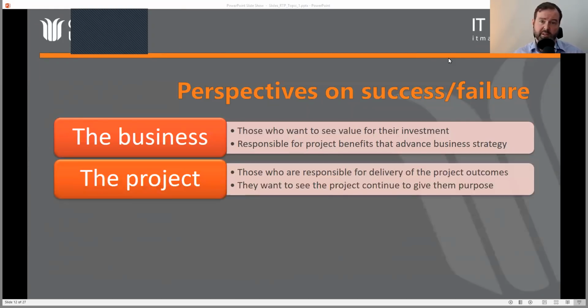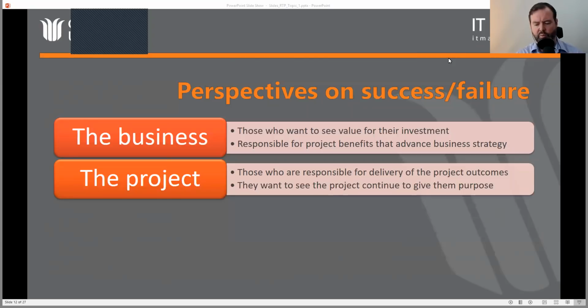The project team, the project people, are those who are directly or indirectly involved and responsible for delivering the project. That's an entirely different perspective. They are the ones that live every day in that environment. They're at the coalface, and so they're responsible for the delivery of the project outcomes. Usually they have a vested interest in a project continuing because they identify with it. It's their role, their function, something they can draw purpose and value from.